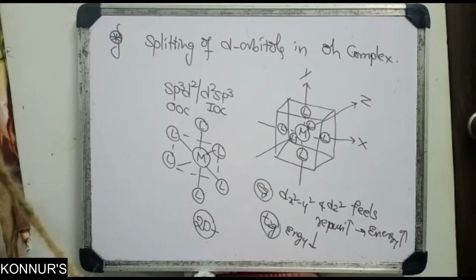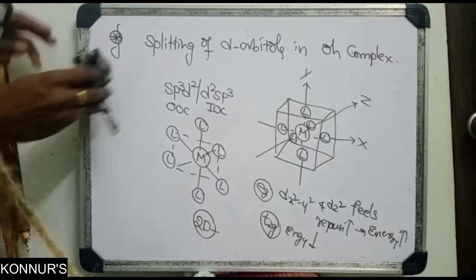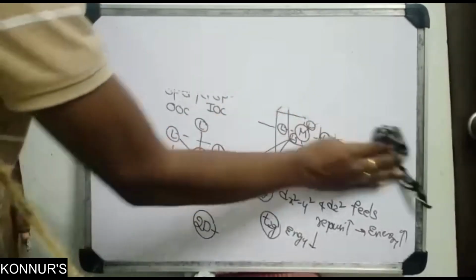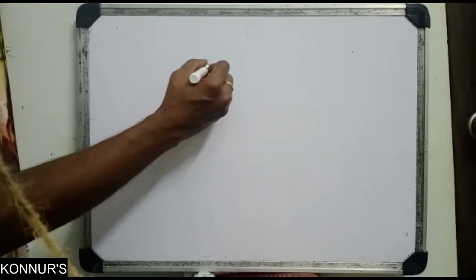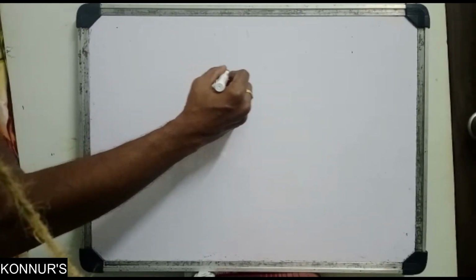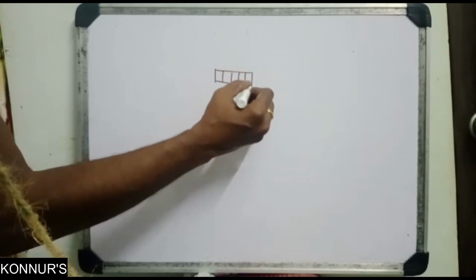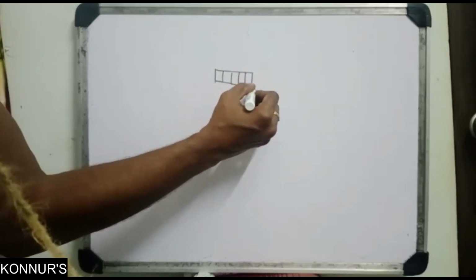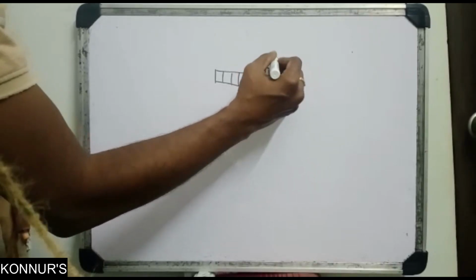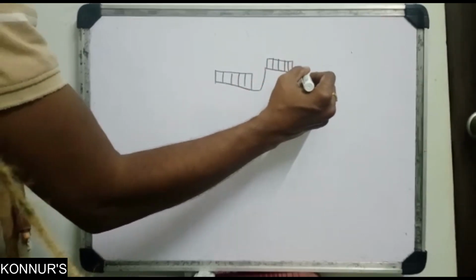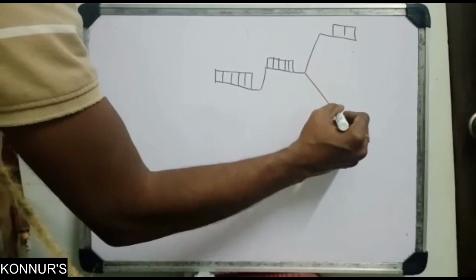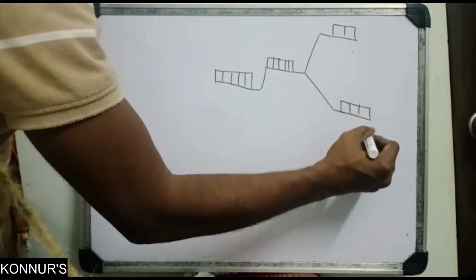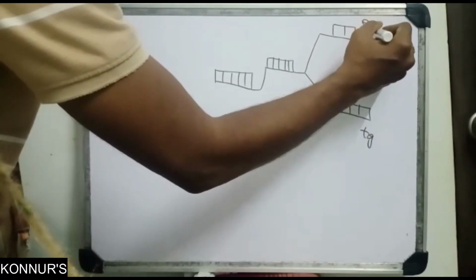Now we write the graphical representation. Both we can write here. Ground state, degenerate level. The strong field case we can write at the same time, with T2g and Eg.